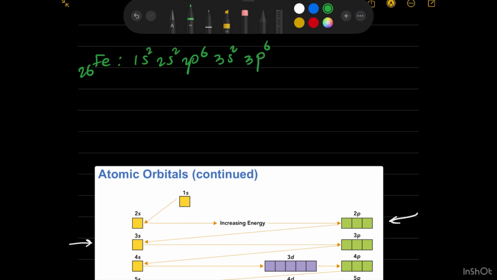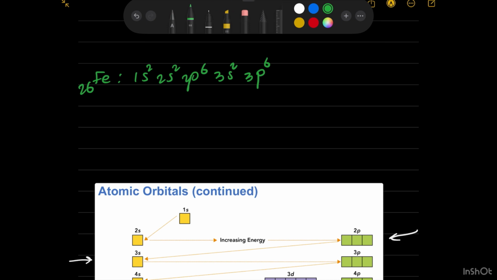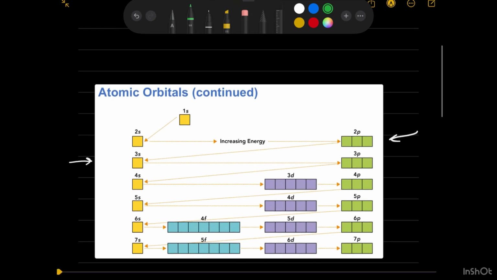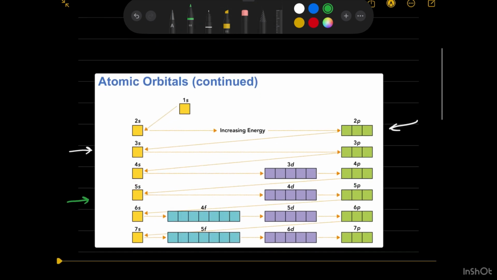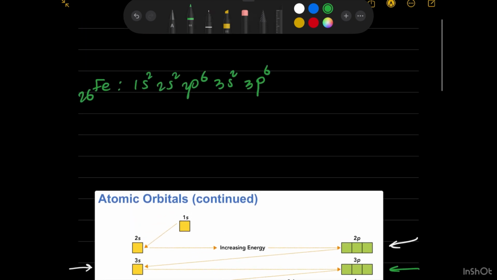We have 18. But you have to look at the graph here. After the 3p, what should we do? After the 3p, we have to go to 4s. But you have to leave a gap here, and fill the 4s at this point, because the 4s has lower energy than the other one.